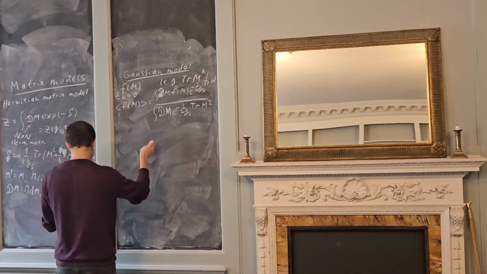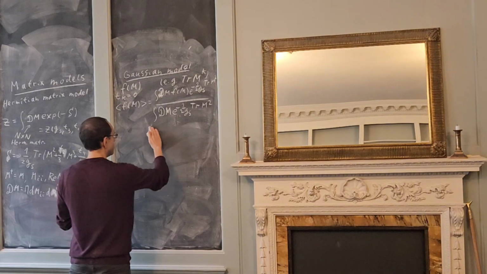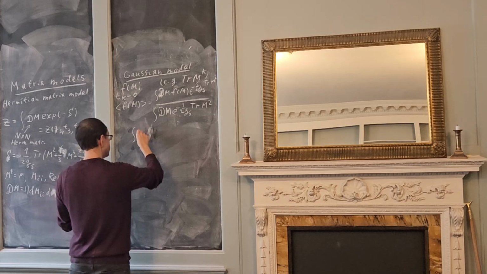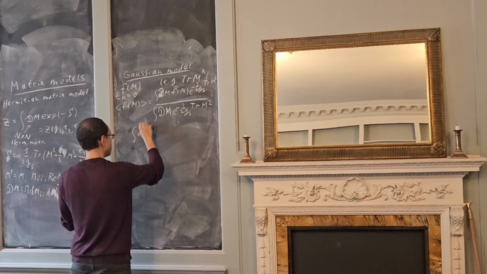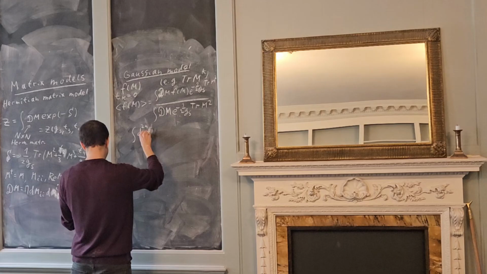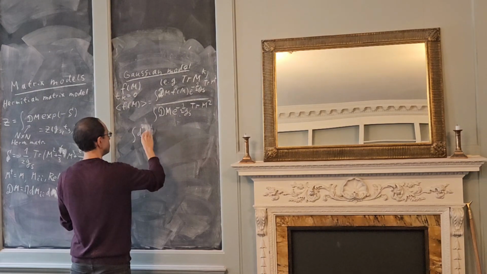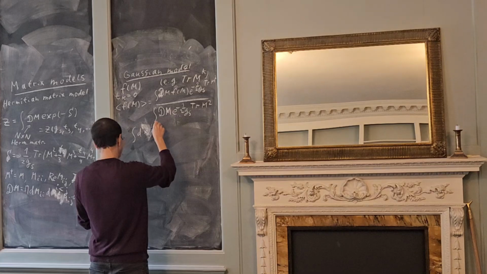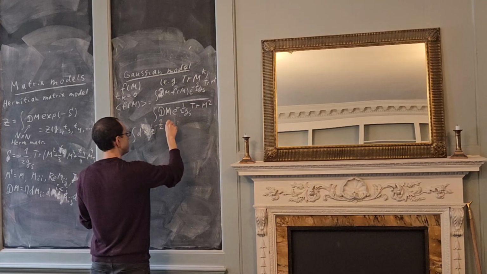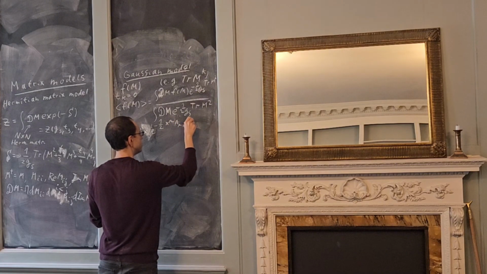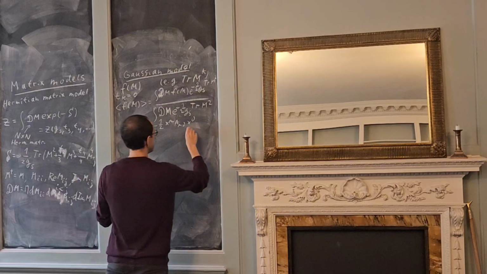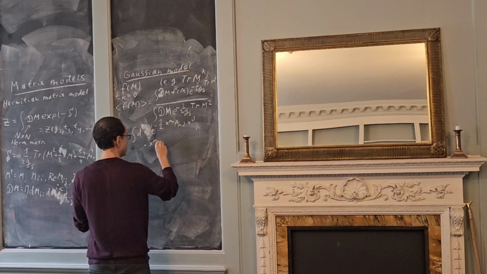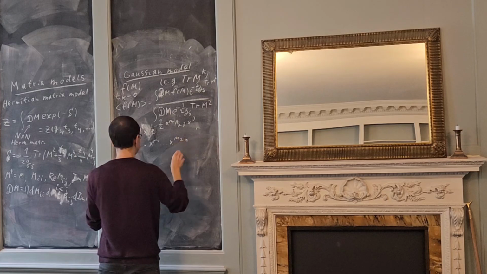So suppose we have some integral of the kind integral d^n x, the exponent of a quadratic form minus 1/2 x_mu A_mu nu x_nu, with some insertions like x_mu1 dot dot dot x_mu2n.